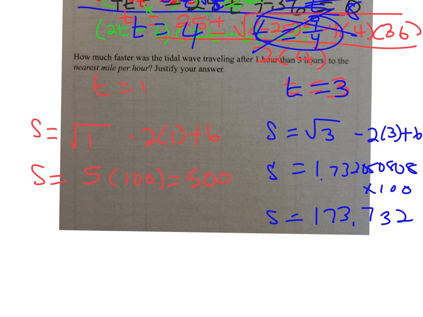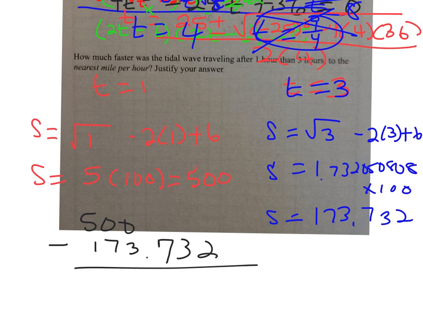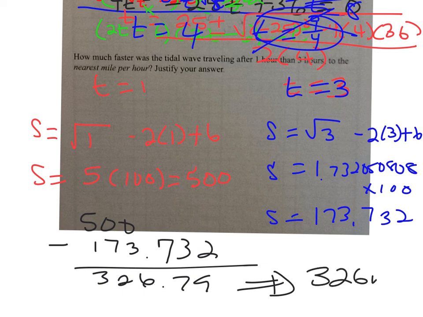Now how do I figure out how much faster? I subtract them. So it's 500 minus 173.2, and I get 326.79. It's to the nearest mile per hour, so it's 326 miles per hour faster it's traveling at 1 hour.